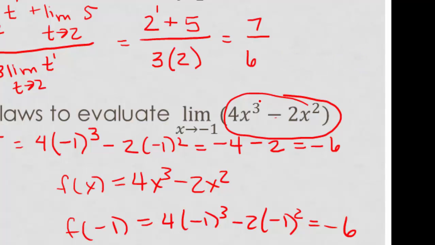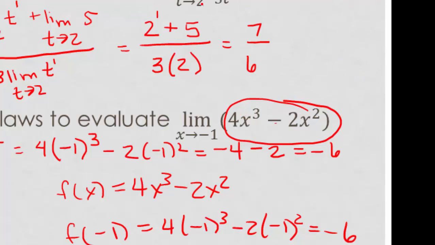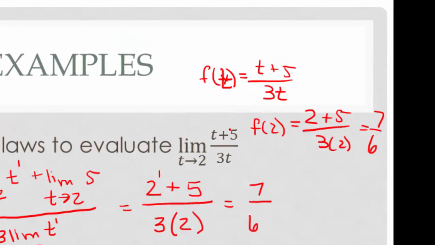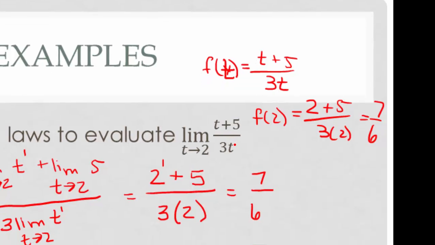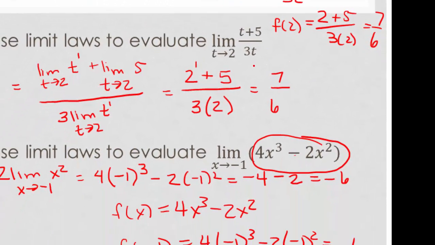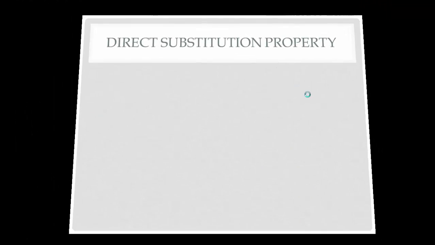If you have an exponent that's negative or a fraction, you're not looking at a polynomial. Rational functions are the ratio, or numerator and denominator, of two polynomials. Okay, so that's what we're talking about. This one's polynomial, this one's rational.